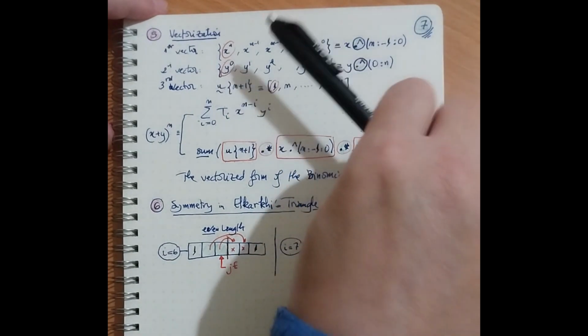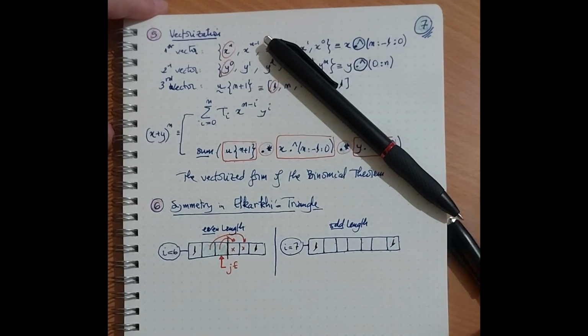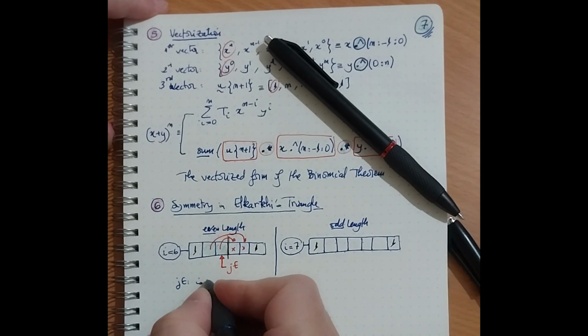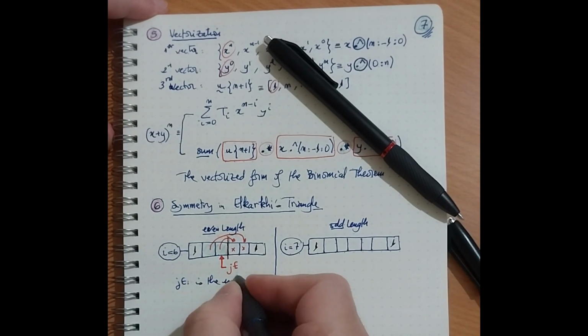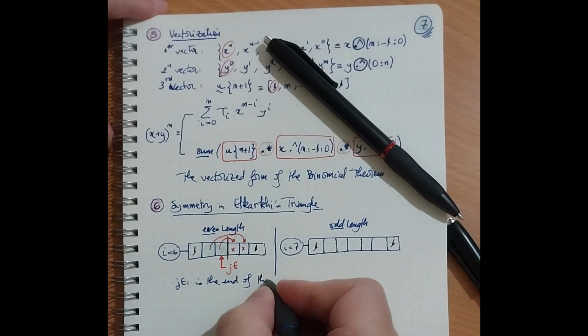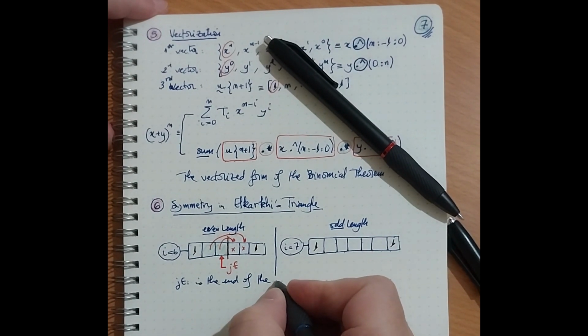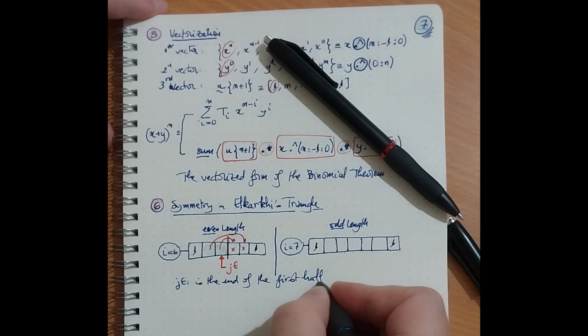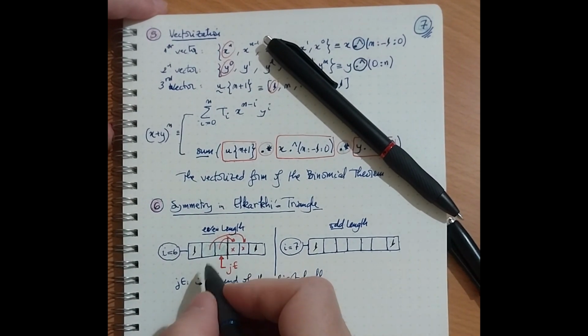JE represents the end of the first half, so the elements that have been calculated.